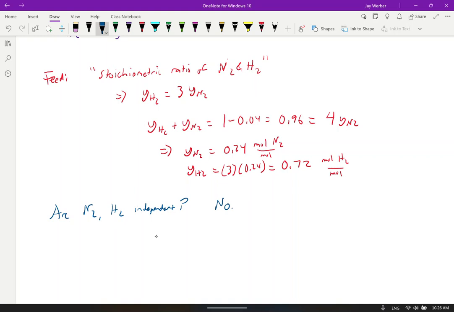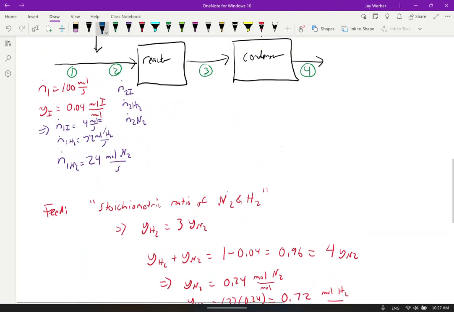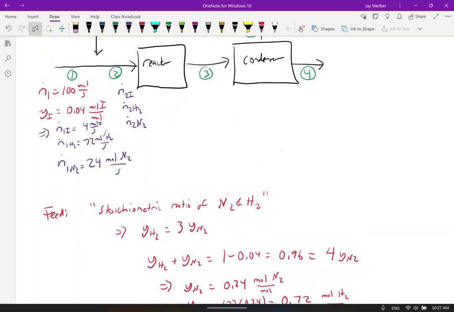So for every single stream, N of H2 is going to equal 3N of N2. So we don't really need to define that. So let's maybe only care about the nitrogen. How about that? So let's go ahead and delete this.